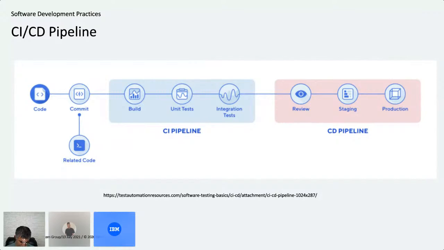Then from there, we'll have our CI pipeline, essentially, which will build our code, have all the unit tests running accordingly, and have all the integration tests running as well. Then the CD pipeline will kick into place, and it will be able to review the changes and review our current instance of our application. And then there will be a staging process as well, in which our application will be deployed into production. So essentially, this is how software development is governed by our CI/CD pipeline.